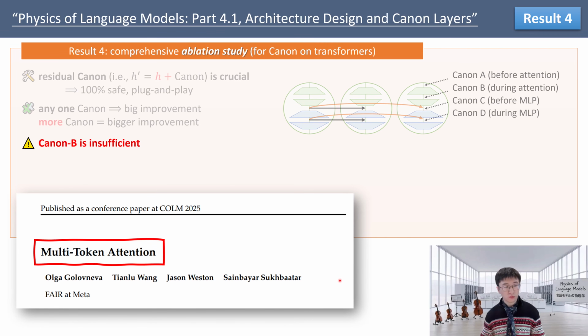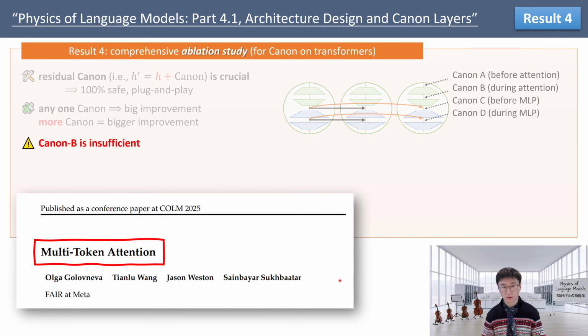One such work is from my colleagues at FAIR in Meta. They proposed what they call multi-token attention, and it performs extremely well. For instance, it can make sure associative recall can be implemented using just 1 layer of multi-token attention. So that's nice.